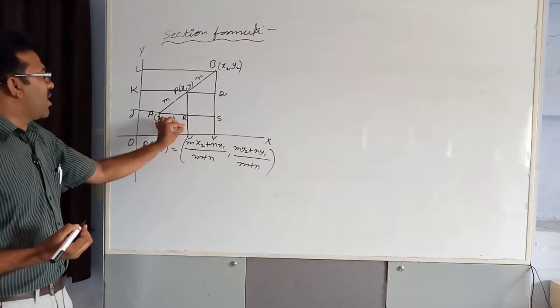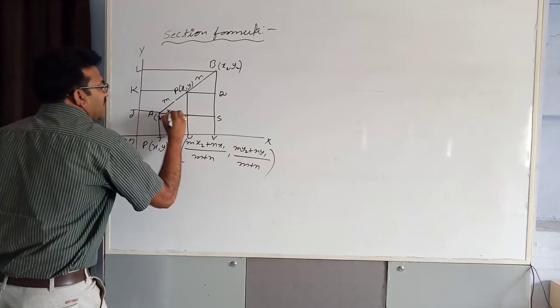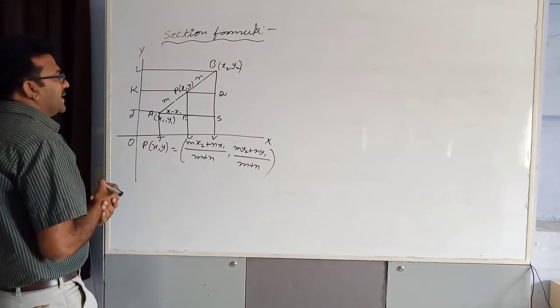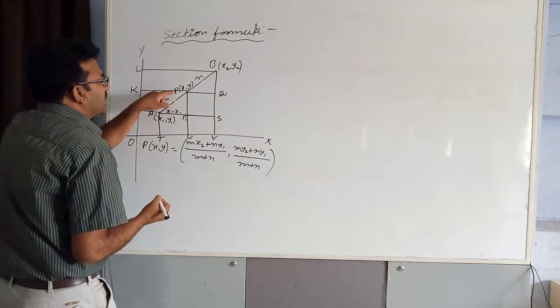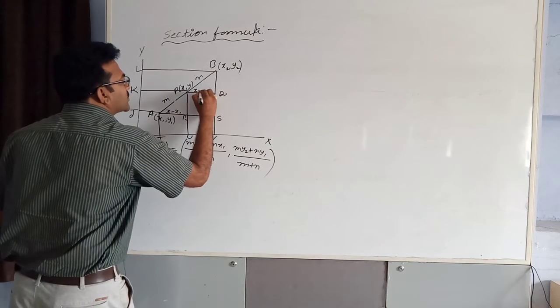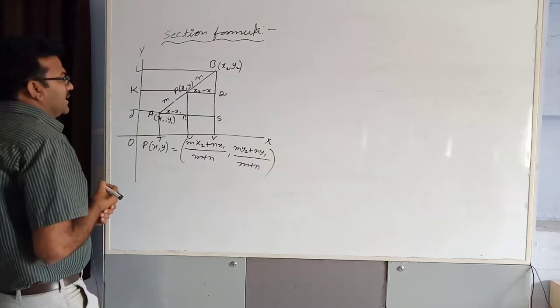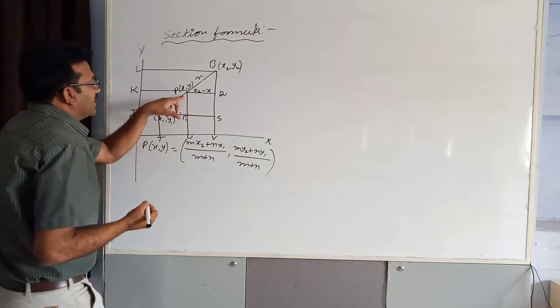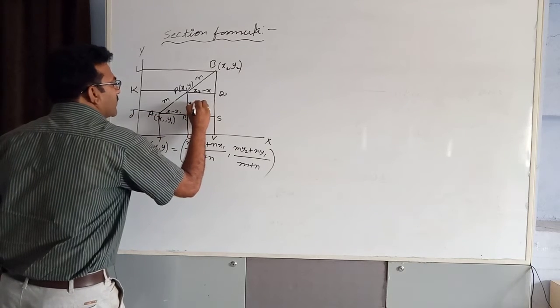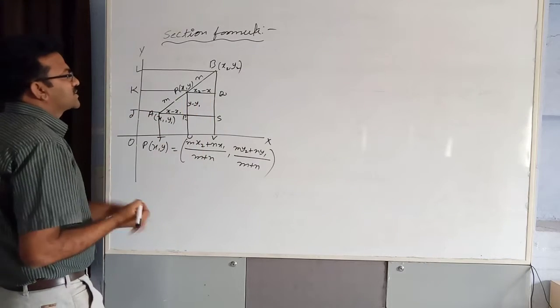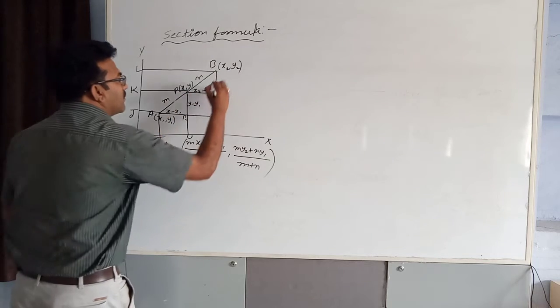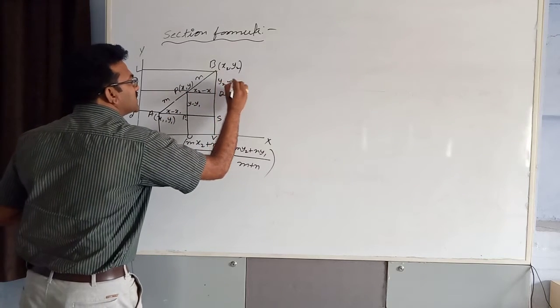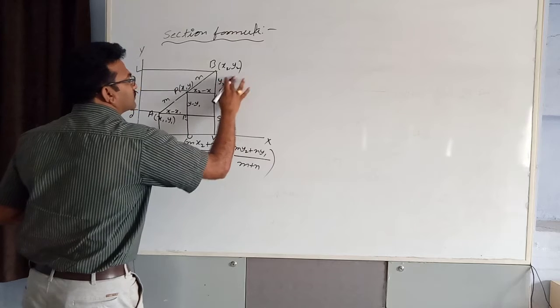Length of AR is x minus x1. Length of PQ is x2 minus x. Length of RP is y minus y1. Length of QB is y2 minus y.